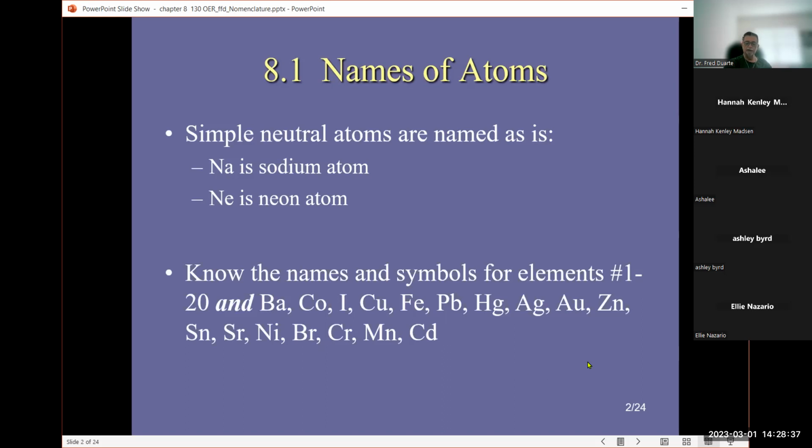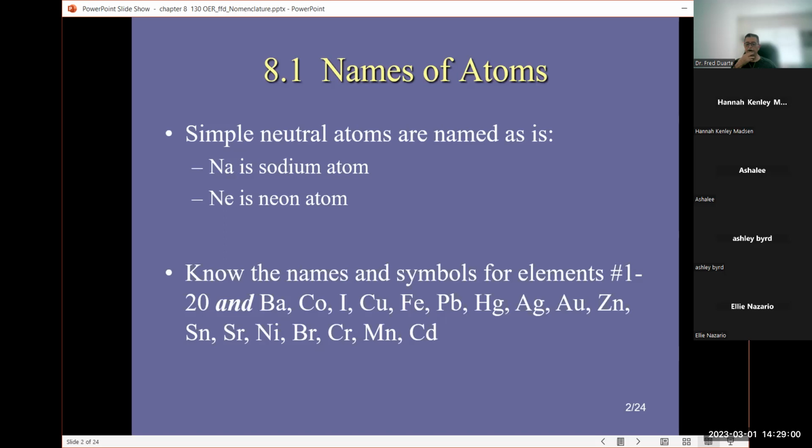Be familiar with at least the first 20, and the next group on top of that: Ba for barium, then we've got cobalt, iodine, copper, iron, lead, mercury, silver, gold, zinc, stannous, which is tin. You can write stannous or you can write tin.